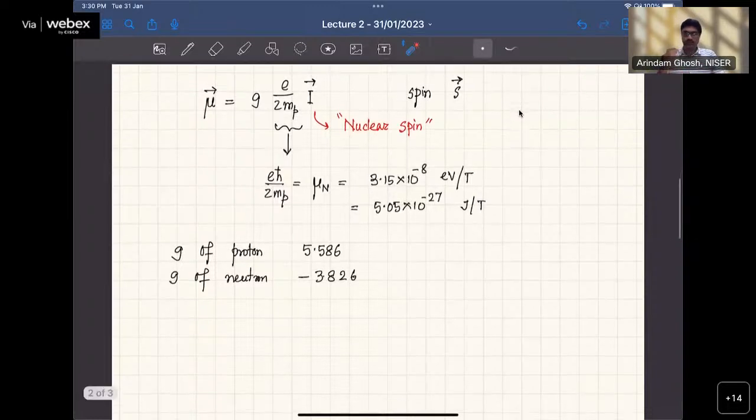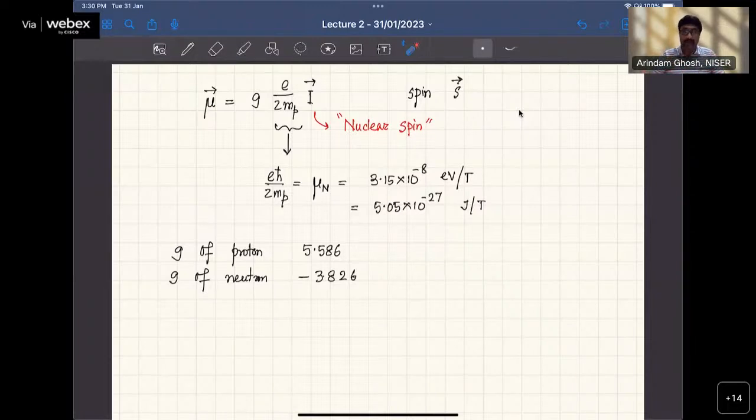There are books you can open where the g of each of the different nuclei is given. Again, the shell model tries to explain why a particular g comes for a particular nucleus, a collection of nucleons, but we are not bothered about that. Doesn't matter what value it is, 5.58 or 5.10 or 5.7, I don't care.